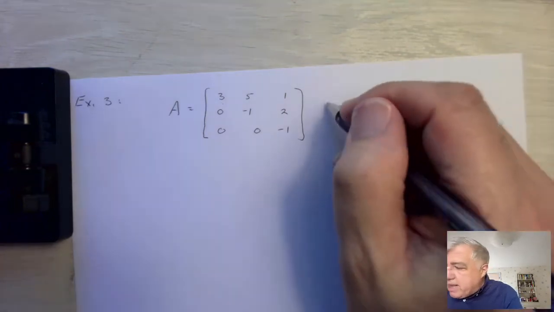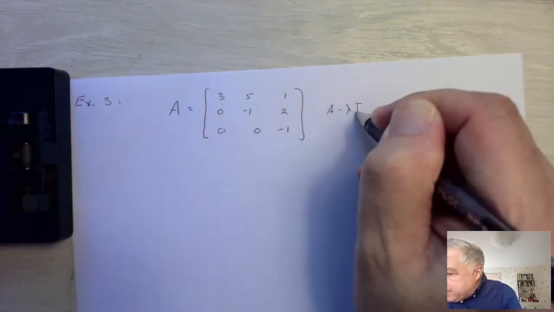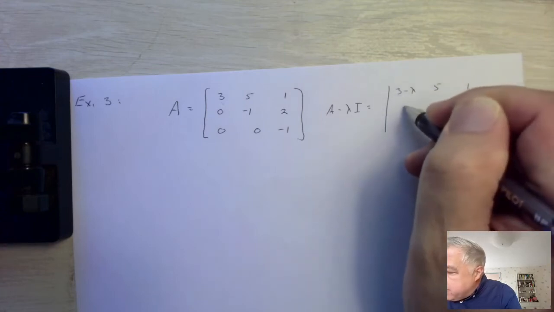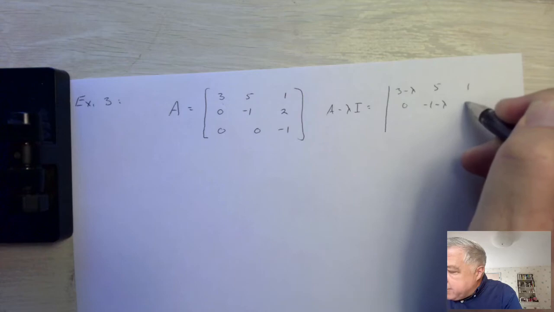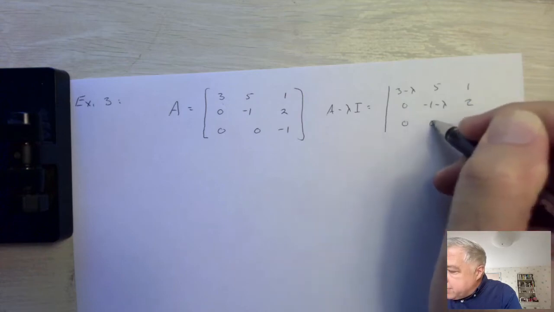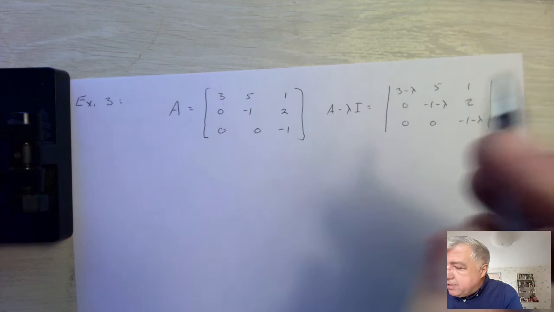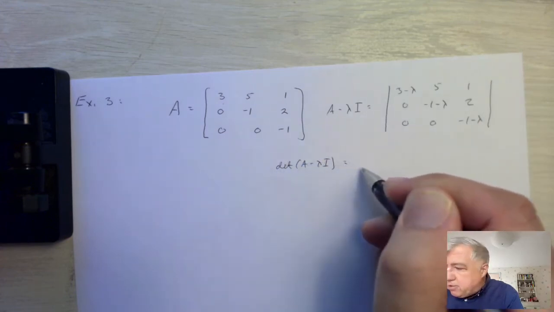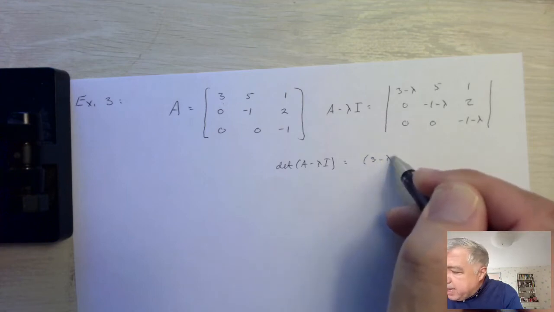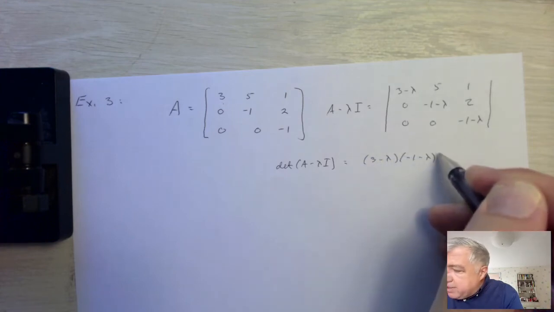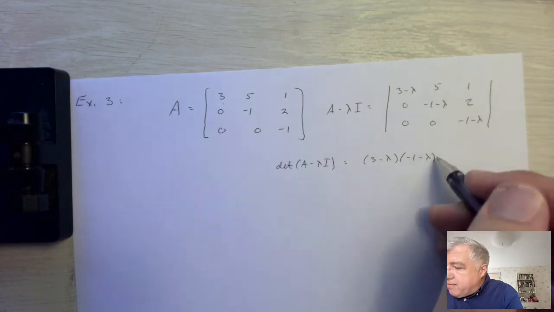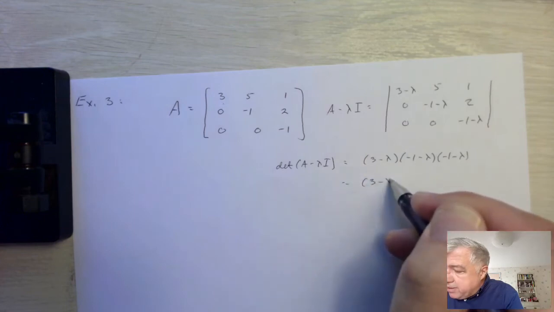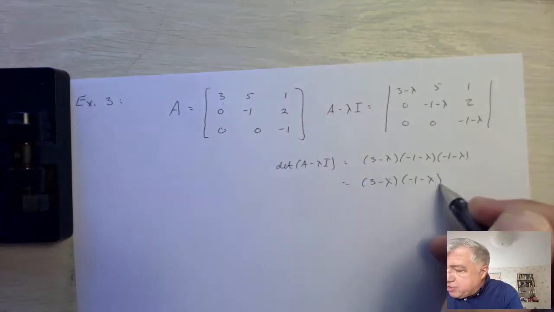But let's just write out A minus lambda I. So this would be 3 minus lambda, 5, 1; 0, negative 1 minus lambda, 2; 0, 0, negative 1 minus lambda. And so the determinant of A minus lambda I, the characteristic polynomial, will be 3 minus lambda times negative 1 minus lambda squared.